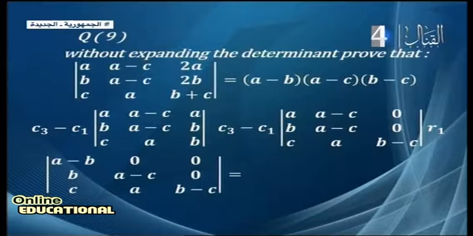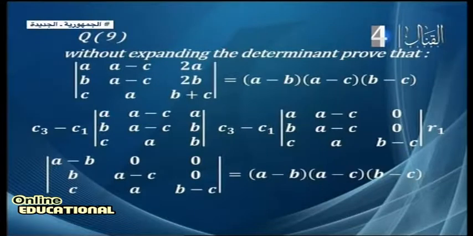Then the first row minus the second row gives A minus B, 0, 0; B, A minus C, 0; C, A, B minus C. The product of the main diagonal, A minus B multiply A minus C multiply B minus C, equals the right hand side.